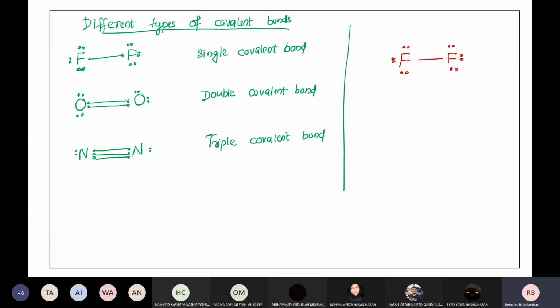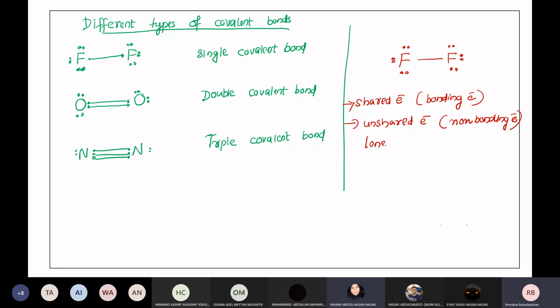We have shared electrons, or bonded electrons, or bonding electrons. This is one type. The second one is unshared electrons, non-bonding electrons. Mostly we use another term, lone pair of electrons. You studied this in 102.